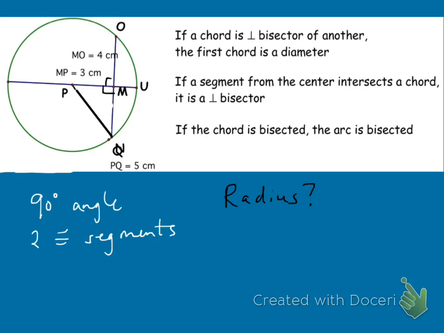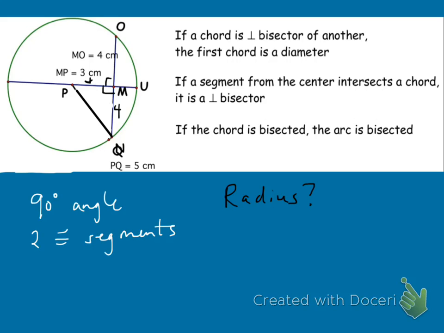You know that this segment here is 3. MO is 4. How does that help us? Well, if MO is 4, that means MN is also 4. And so now you have a right triangle with the 2 legs.